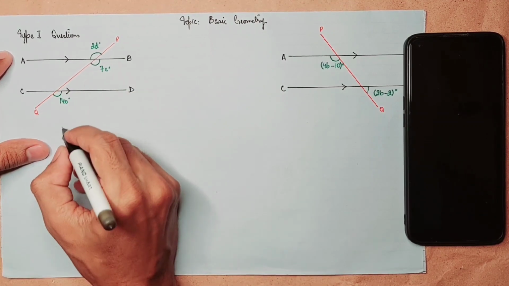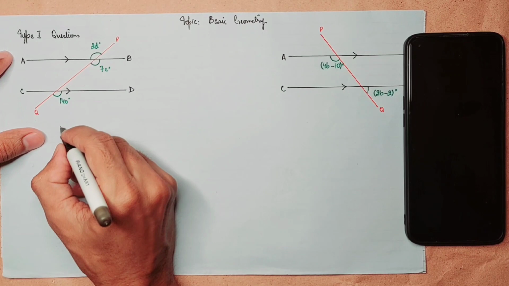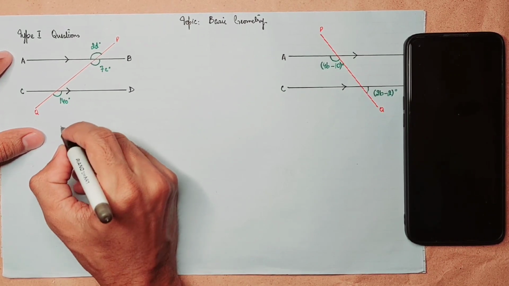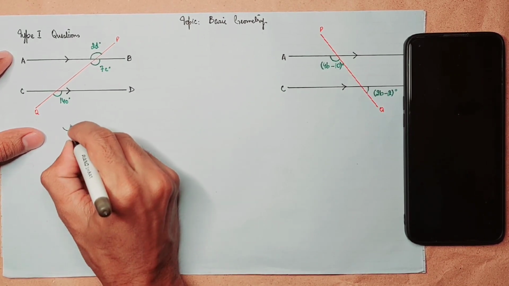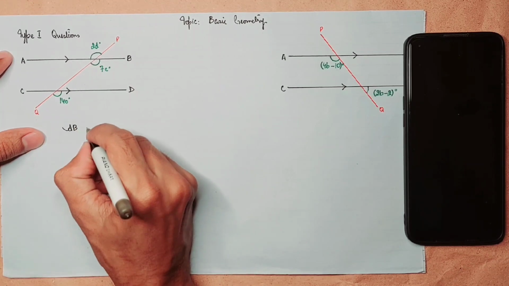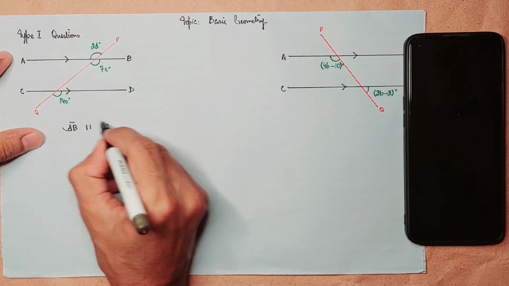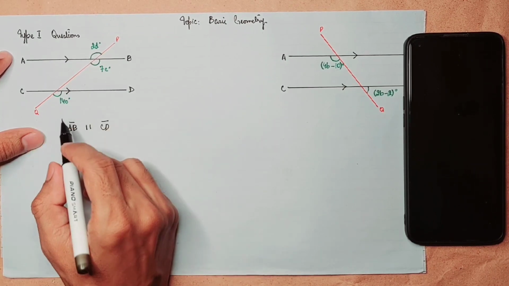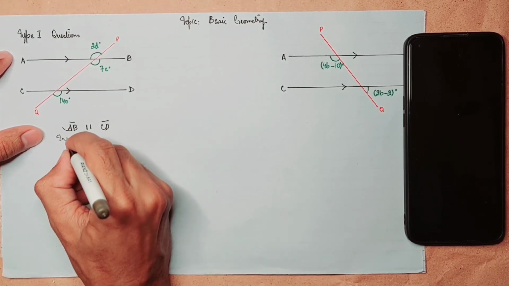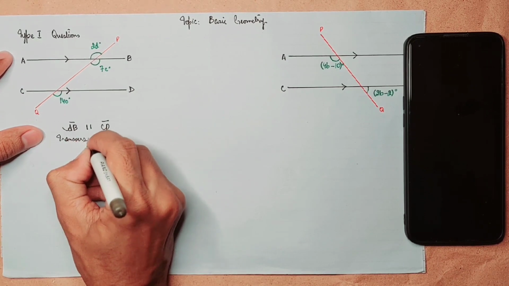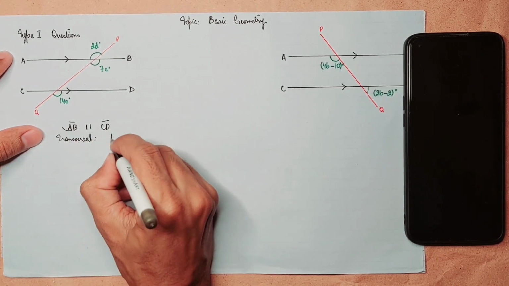Firstly, we will begin with the parallel lines. We will identify which lines are parallel to each other. Here we can see that line AB is parallel to line CD. Now we will identify the transversal, which here is PQ.